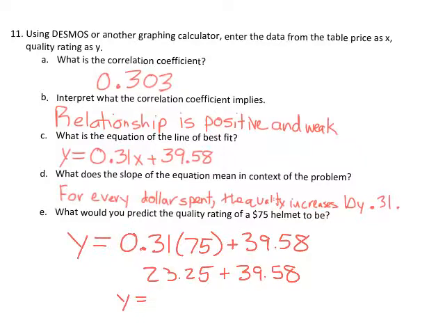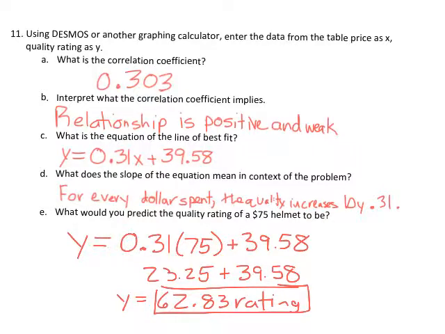So Y would be what? 62.83. So the rating would be a 62.83 rating on the safety scale. I think 0 was the worst, 100 is the best, right? So that's a higher mid-grade helmet as far as safety goes, a higher mid-grade helmet for $75. Okay?